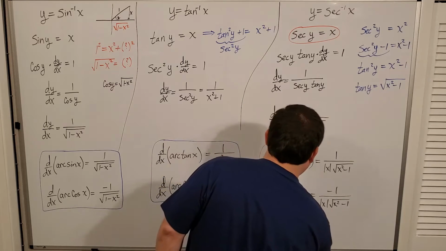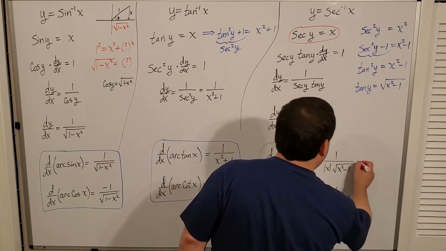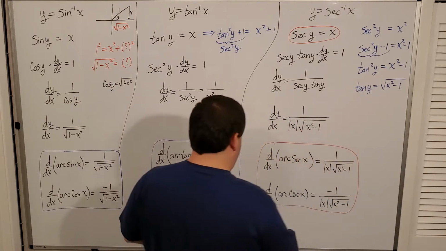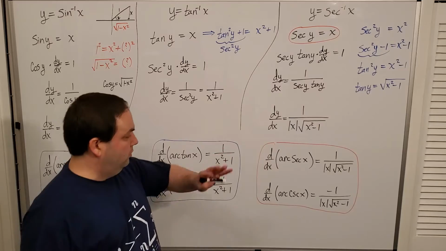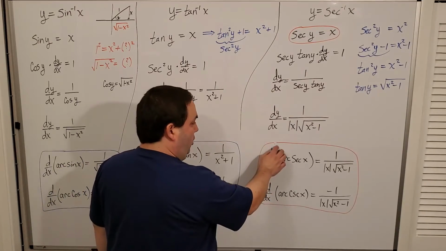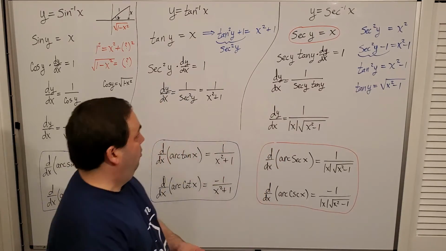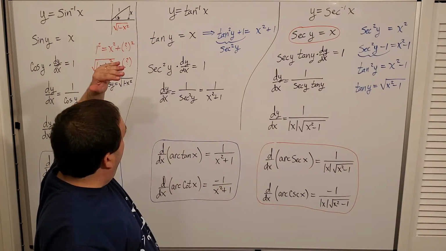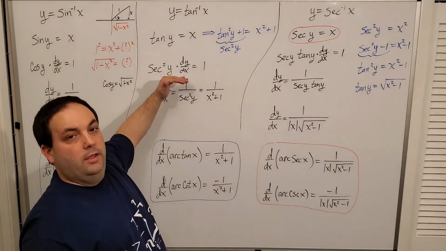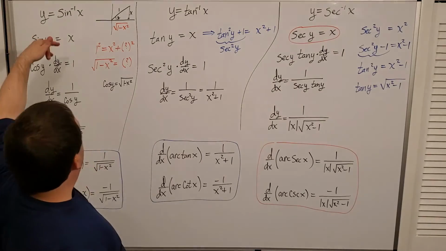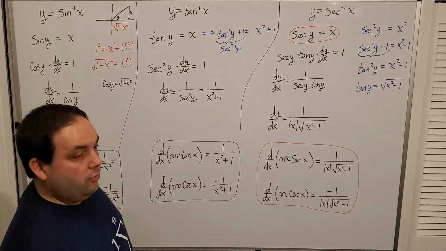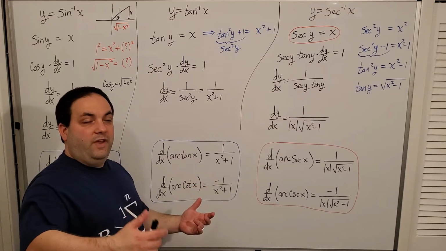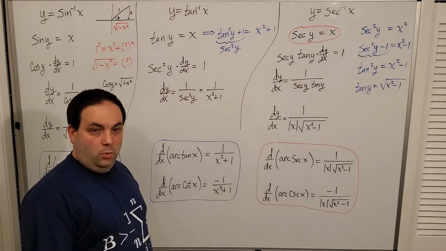So here we go. You now have 6 more derivative rules that you need to know. These are functions that come up often enough that they need to be given their own little space of, okay, I know the derivative of that. Just like we know the derivative of tangent of y is secant squared y, just like we know the derivative of sine y is cosine y. You need to know the derivative of arctangent of x is 1 over x squared plus 1.